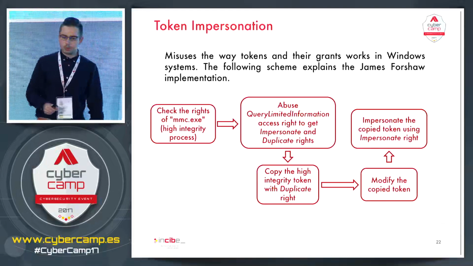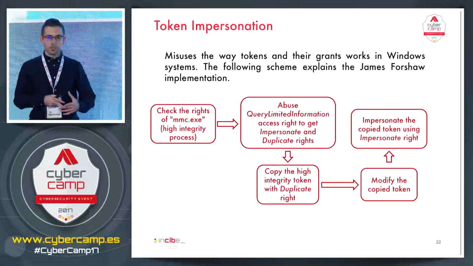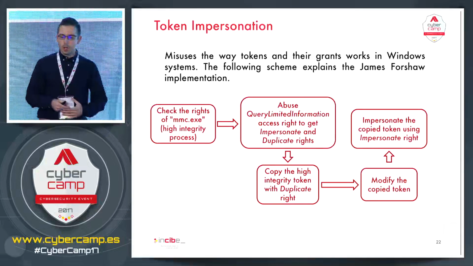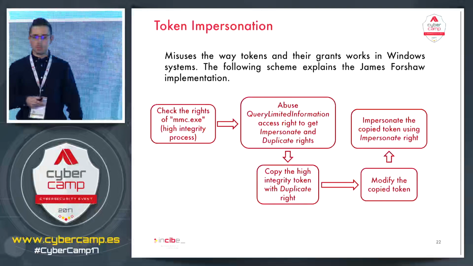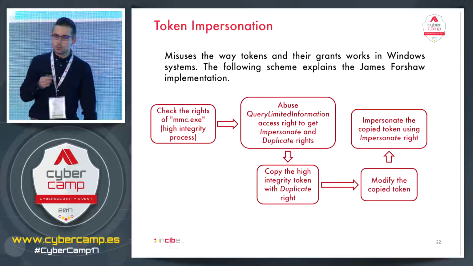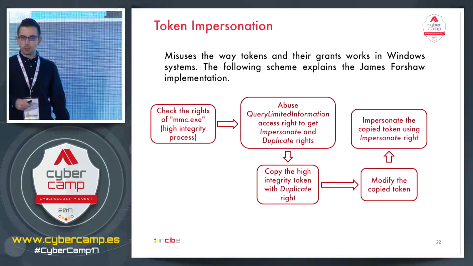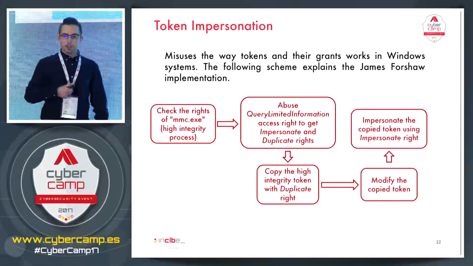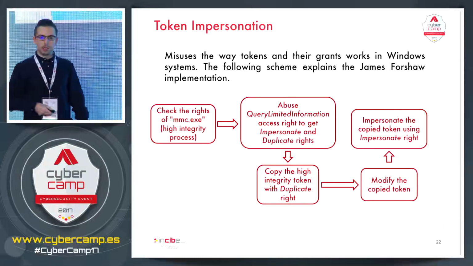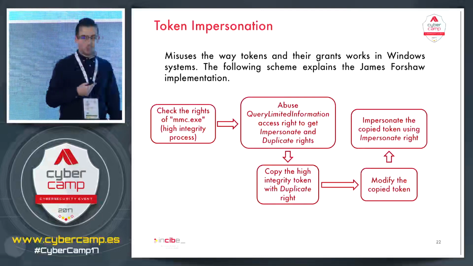By modifying the permissions, they would get the query-limited information access right. So what he achieved with this was to impersonate and duplicate rights that would allow him to copy the token and apply all the necessary changes so that it would be impersonated in the relevant process.